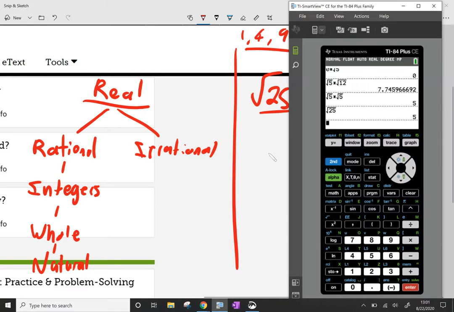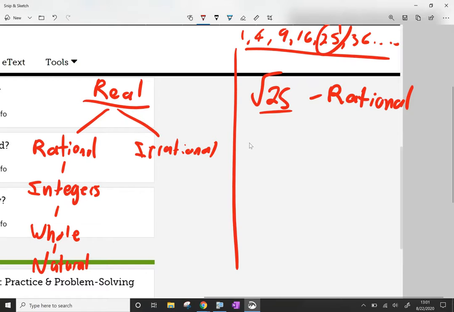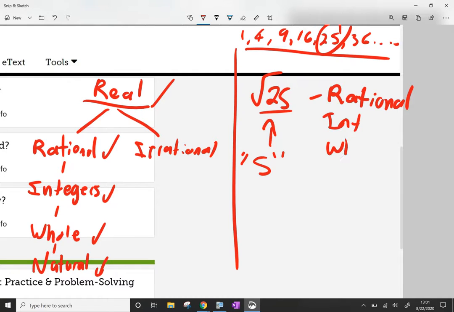And as we said earlier, the number 5, it's a natural number, it's a whole number, it's an integer, it's rational, and it's real. So this is really the number 5. So it's all those other things. It's an integer, it's a whole number, it's natural, and of course, the end all be all, it's real. So that one's a little tricky.